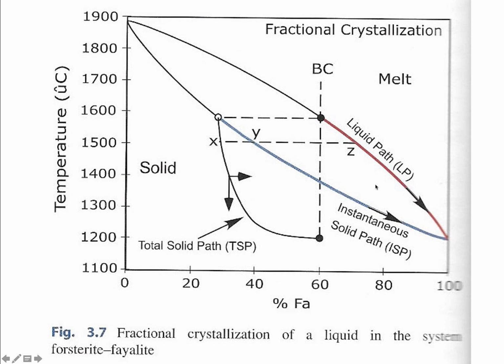So here we have again the same diagram, the fractional crystallization of a liquid in the forsterite-fayalite system. That is just what I have shown you by now. We have here point BC, and there we are going down with our temperature. For example, you can also use this point.